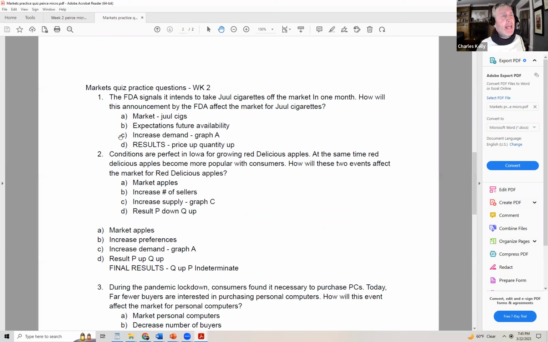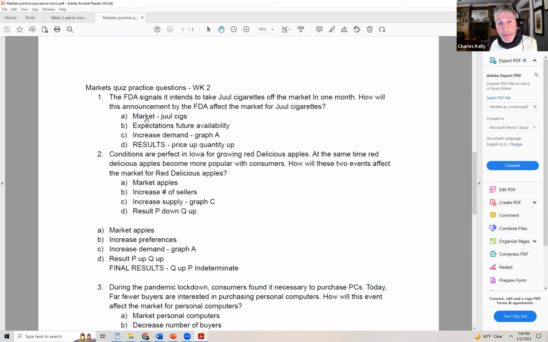So that's how you're going to analyze all these market scenarios. The question is a four-step process. It's not a multiple choice question. You're going to see the quiz as this, but you're not going to see A, B, C, and D as the answers. Your quiz is going to have four questions like this, but it's not going to have answers there, right?